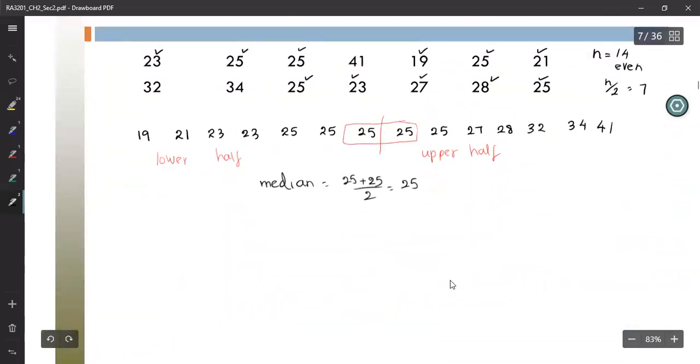Okay, let's try another example. So I'll write down a data set. Now we'll use an odd number of observations. I'll give you an ordered data set so I can find the median very easily.